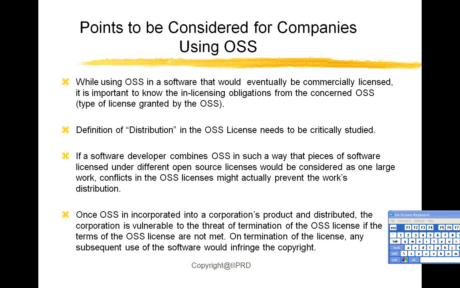So if the person who is improving or using the open source software and making his own software using that open source code, then it could potentially be considered a derivative work, because largely he's basing the entire algorithm on this open source software, and therefore further licenses cannot be granted in the manner of a permissive license or as a proprietary license that companies like Microsoft or Adobe typically give.